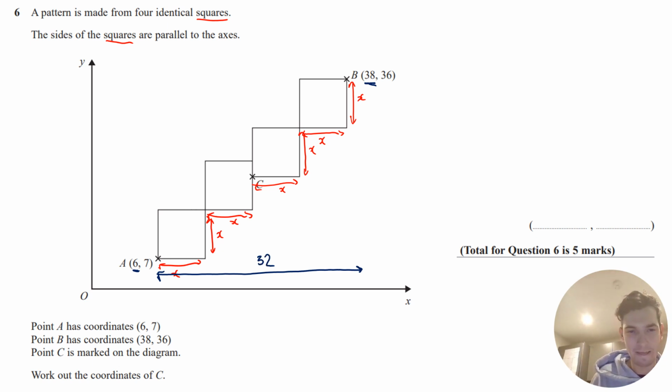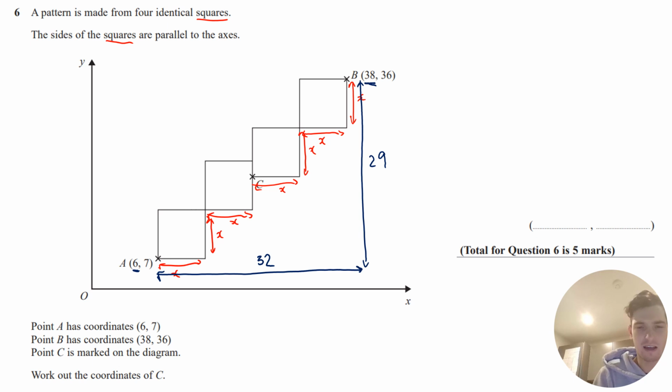Okay. And what about this distance, this vertical distance here? Well, I'm going from 7 to 36. So 36 minus 7 is 29. Probably going to have to use one of those. Let's think about which one I'm going to have to use.